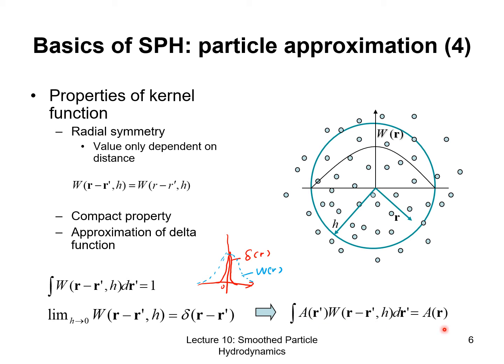That's the Dirac delta function's property, and the kernel function would have a similar property like this, because this kernel function is basically a smoothed version of the Dirac delta function. That means this term is not exactly satisfied, but approximately satisfied.